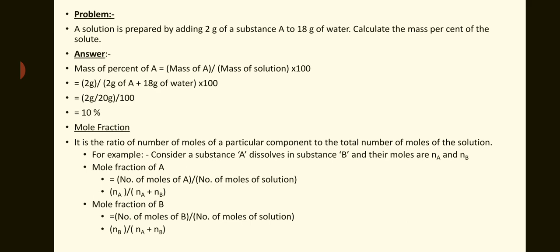If you want to calculate the mole fraction of A, meaning mole fraction of solute, how can you calculate it? Number of moles of A divided by number of moles of solution, meaning the sum of moles of solute plus solvent.